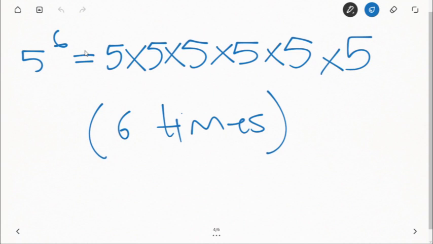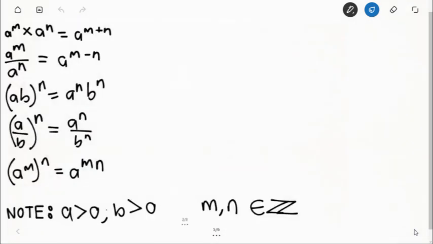Now, there are certain rules of exponents that you need to know off by heart in order to simplify expressions, and these are the rules as you can see them right here. The first rule says that whenever you multiply the powers of the same base, you have to add the exponents.